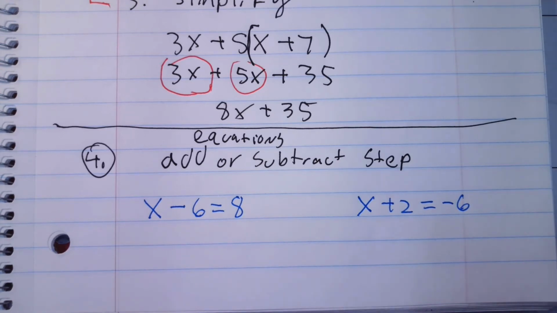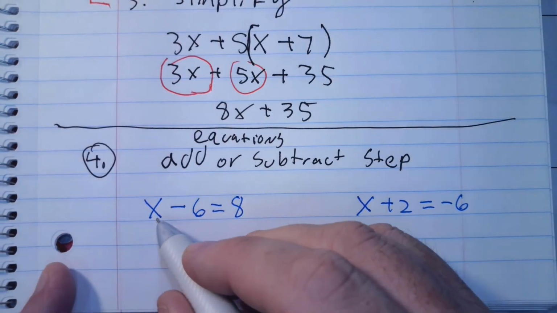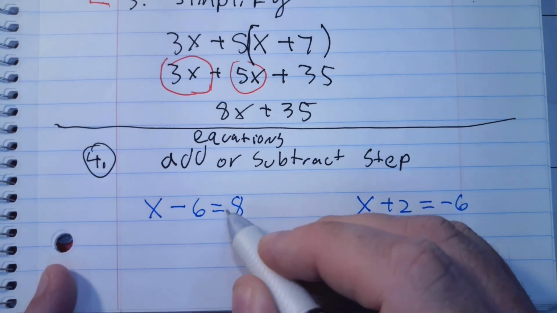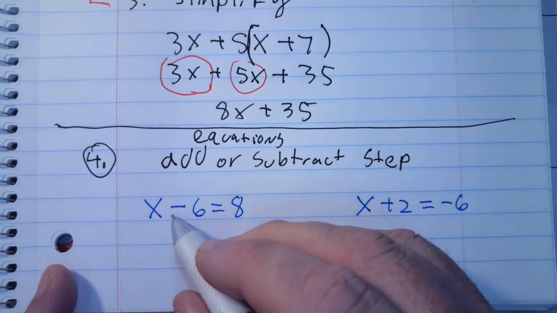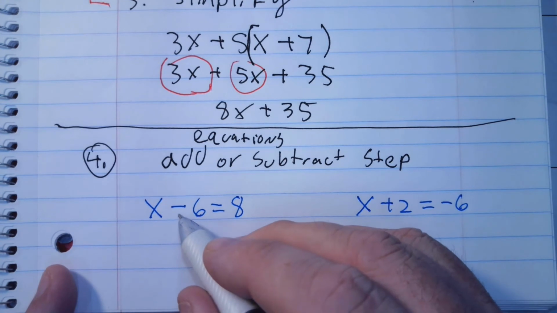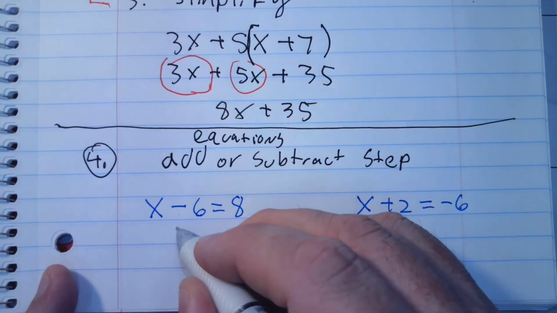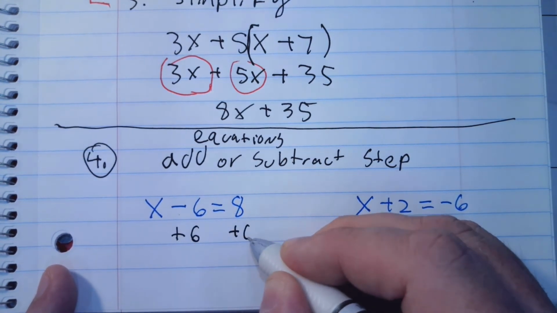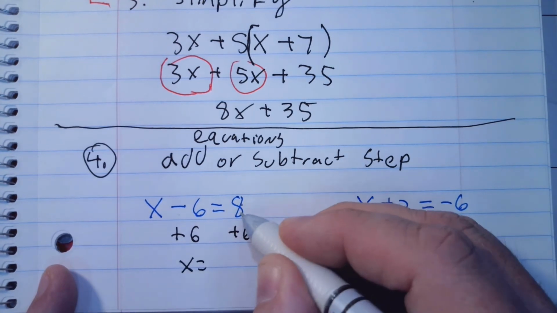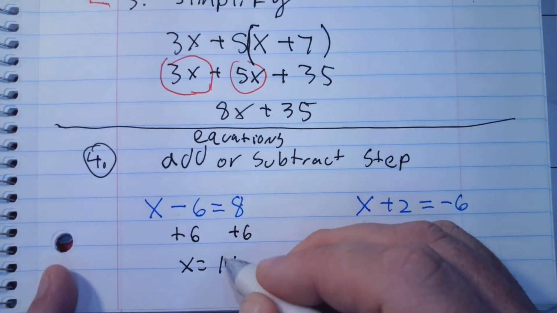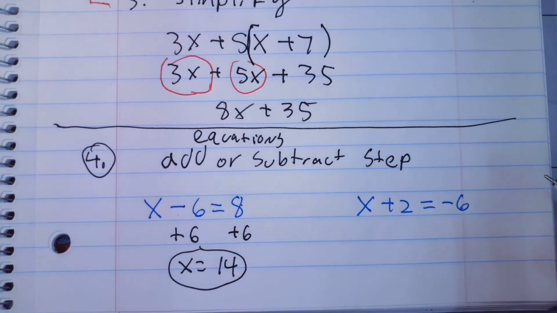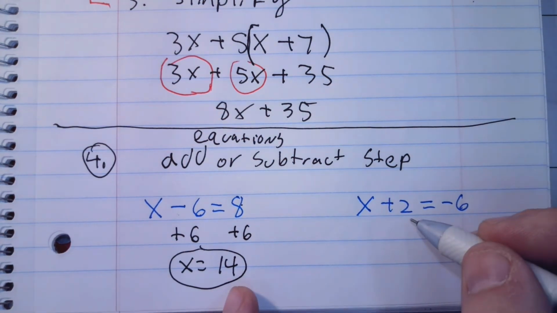Okay, so this is an add step because we're going to do the inverse operation, or the opposite. The opposite of x minus 6, the opposite of minus 6 is going to be plus 6. 8 plus 6 is, I'm done. Is it on screen? Good. Okay, this is a subtract step.